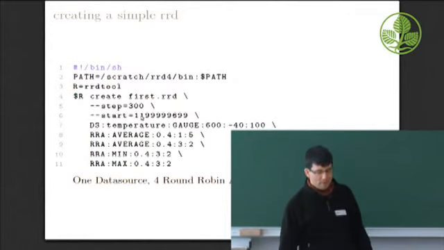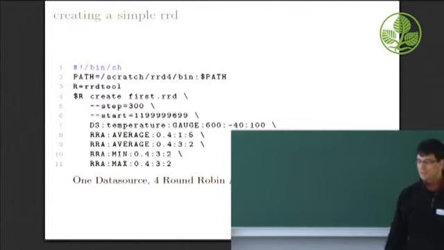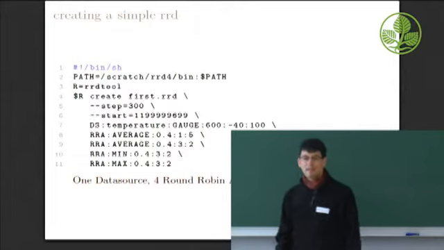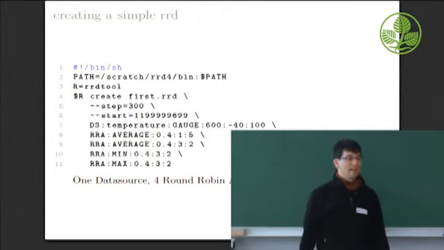And I also tell RRDtool when it should start a database. So that's the first point in time when RRDtool will accept data into this database. If you try to store data earlier, RRDtool will tell you, no, sorry, I'm already ahead of you. You can't update me anymore.